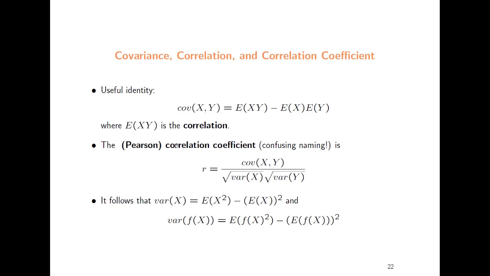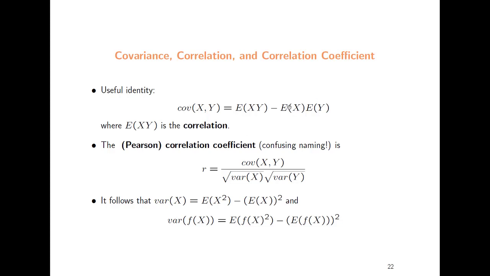Then there's the Pearson correlation coefficient, which we have already encountered. The naming is a little bit confusing, because it's the covariance divided by the square root of the variance of x and the variance of y. It follows also from this equation. If you set x equals y, the covariance becomes the variance of x, which is the expectation of x squared minus the square of the expectation of x.